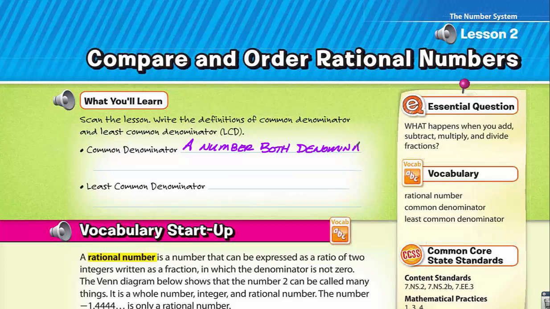And by the way, if you already wrote something on this line, you don't need to cross yours out and write mine, as long as yours makes sense. So a number both denominators go into. The least common denominator is the smallest number both denominators go into.